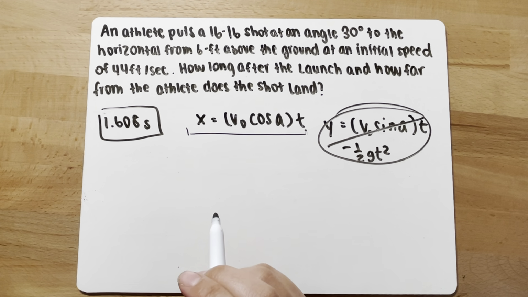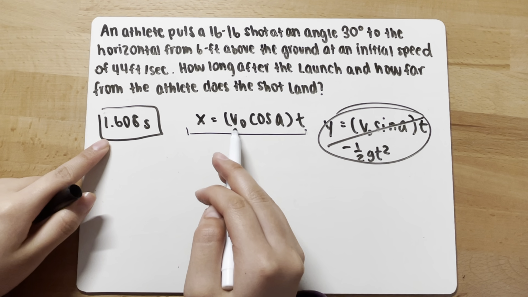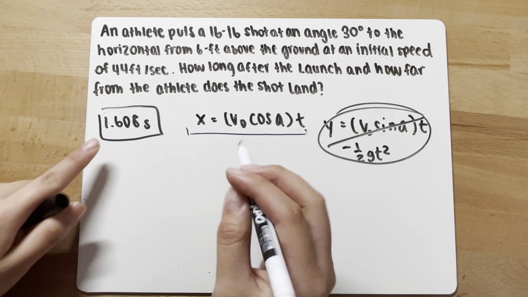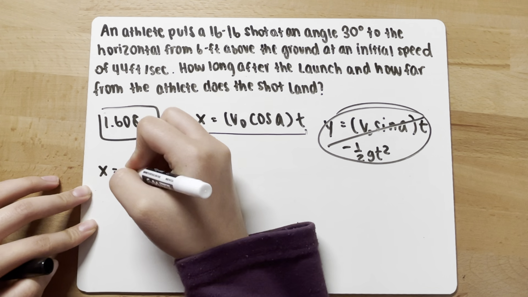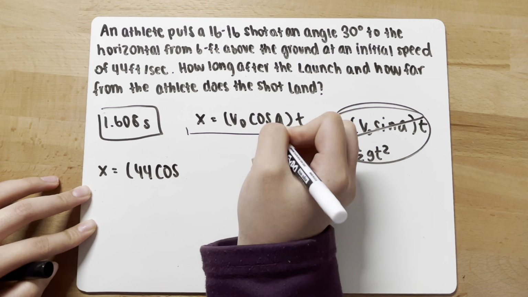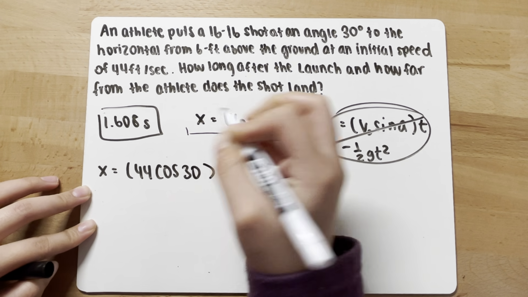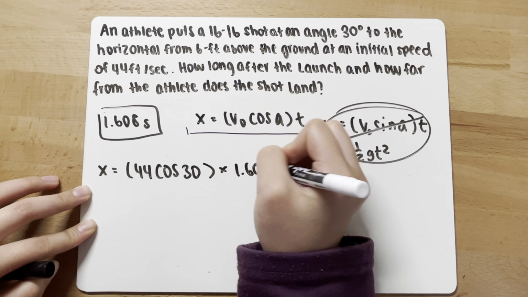So we have t, we have the initial velocity, and we have the angle. We could just plug and chug. So initial velocity, 44 feet, cosine angle A, which is 30, times time, which is 1.608.